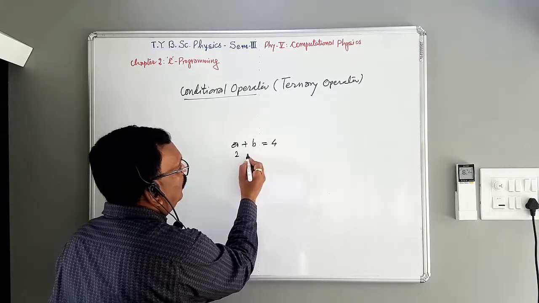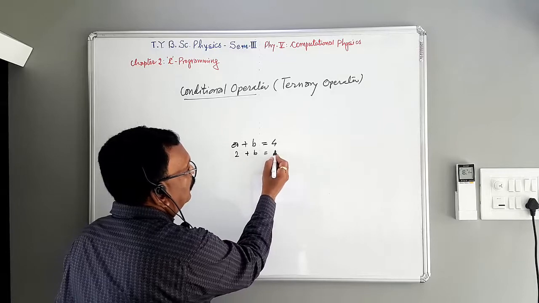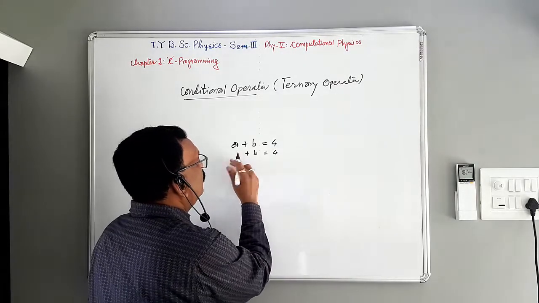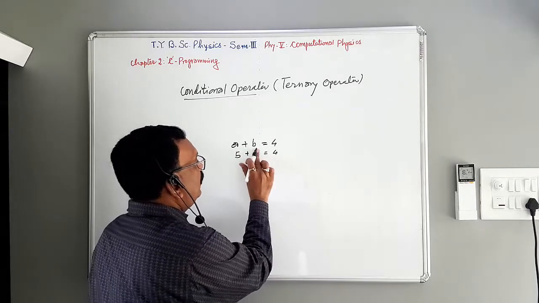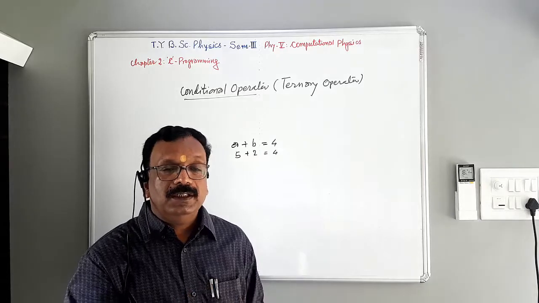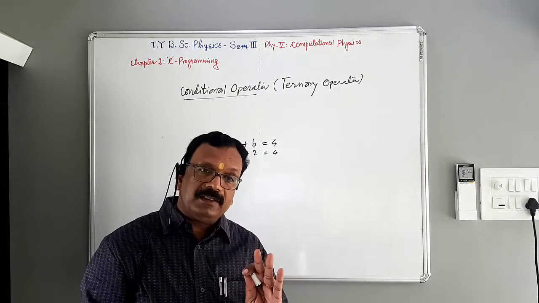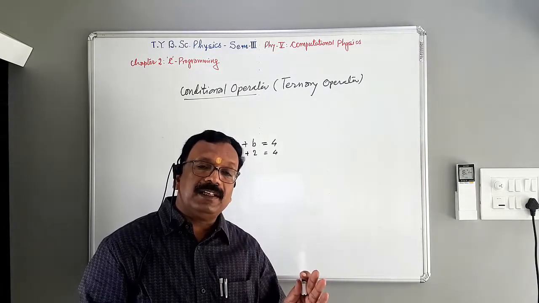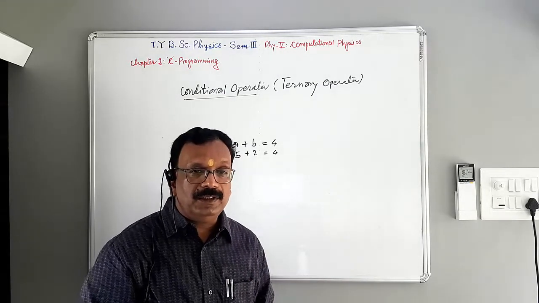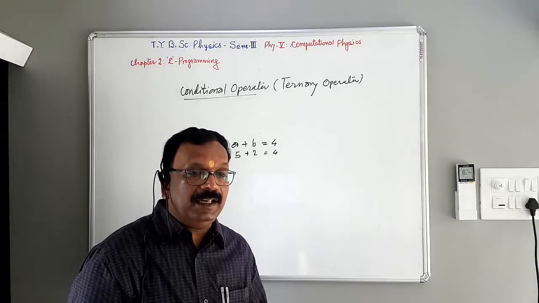If A is equal to 2 and B is equal to 2, then the answer is true. If A is equal to 5, B is equal to 2, then the answer is not true. If you pass SY basic class, then you are admitted to TY basic class. This is like a condition.